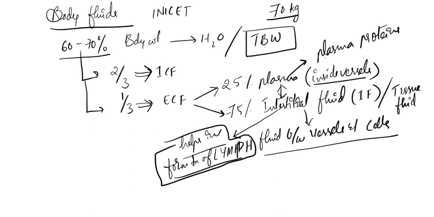Why? I was surprised. So plasma proteins are globulins, albumins, clotting factors, right? Now, interstitial fluid almost resembles plasma. In fact, plasma has plasma proteins, but interstitial fluid doesn't have any proteins, right?